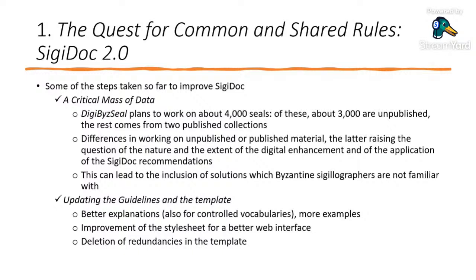And this led us also to improve our guidelines and our template in order to be more consistent and to avoid the same problems highlighted by paper publication, which play a key role in the development of our data model.